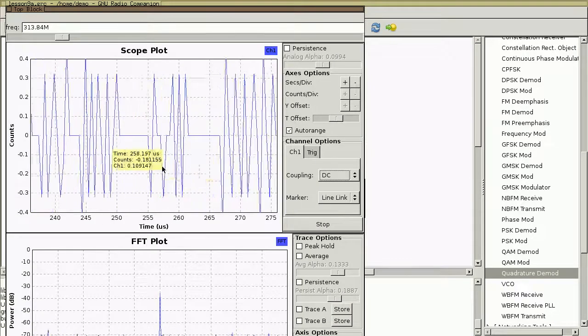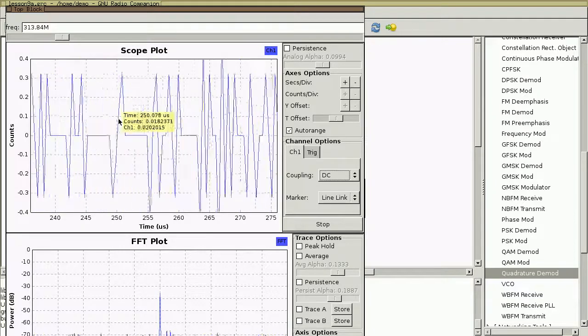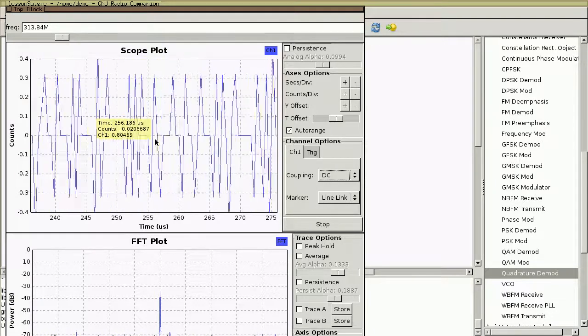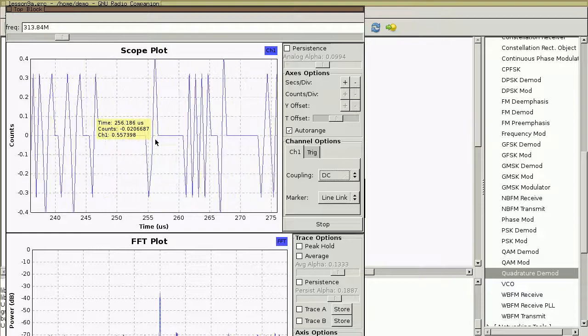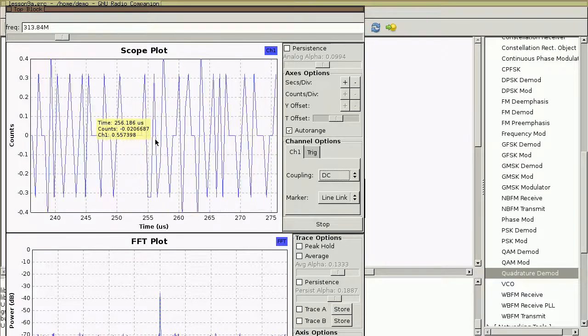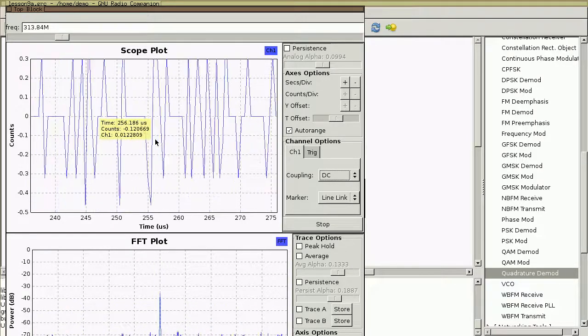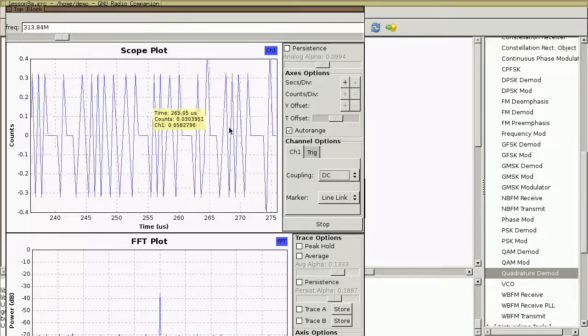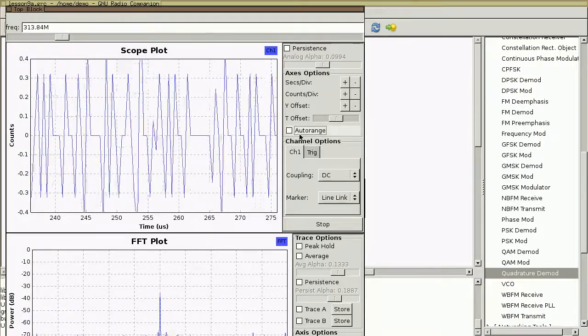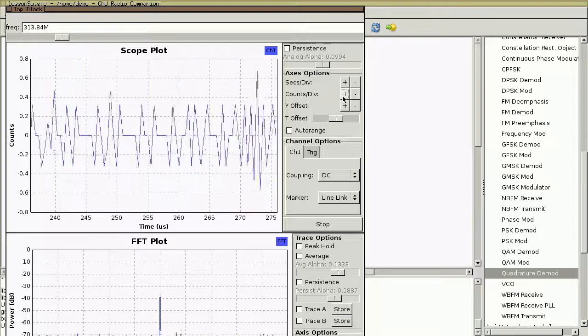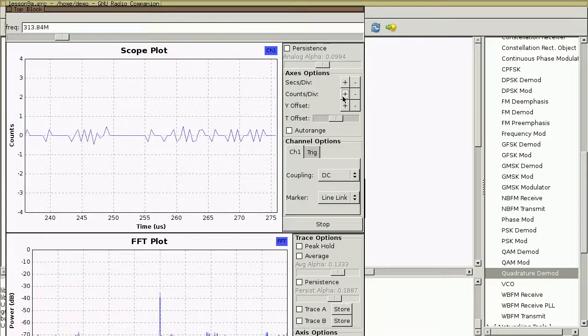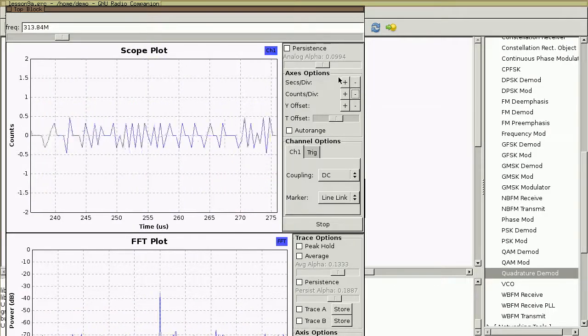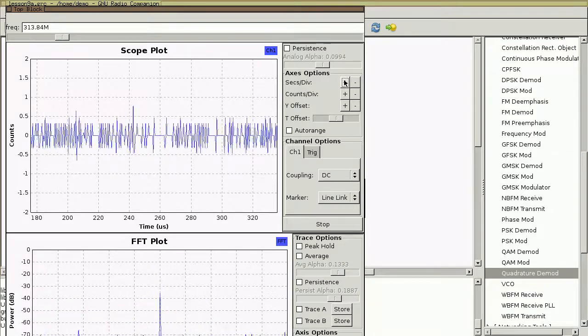Now we still have a scope plot, only this time instead of representing the instantaneous amplitude over time, it's representing the instantaneous frequency. And if I press the button on the remote, you can see things are a little bit different. I'll turn off auto range and increase my counts per division and maybe increase my seconds per division.